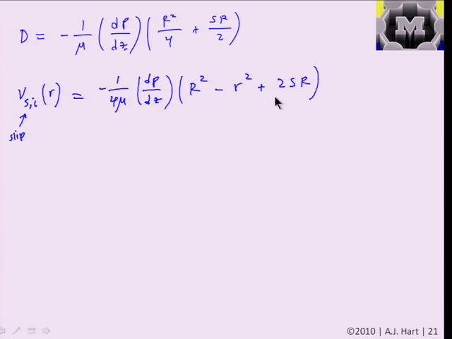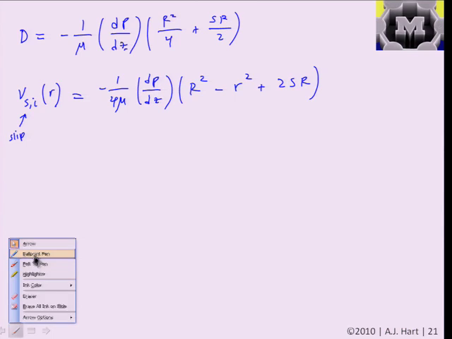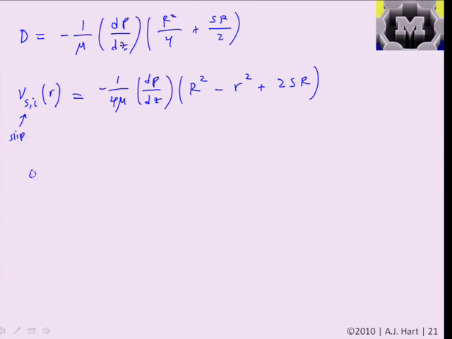And so we can go through the same exercise we did to calculate the flow rate. If we determine the flow rate, Q, as the integral over the area of V of r dA, then I won't go through the procedure, but it's all in the written notes that I've posted.